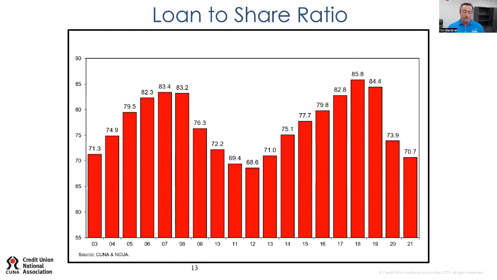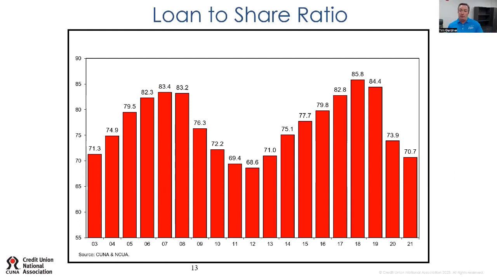When COVID hit, we saw a surge in deposit growth because people weren't spending as much money as they had in the past. So therefore, when the paychecks came in, the money would just sit there for 2 weeks until the next paycheck came in. So the deposit base started to grow.